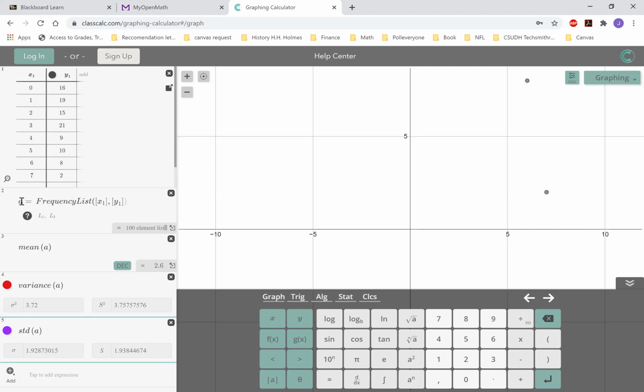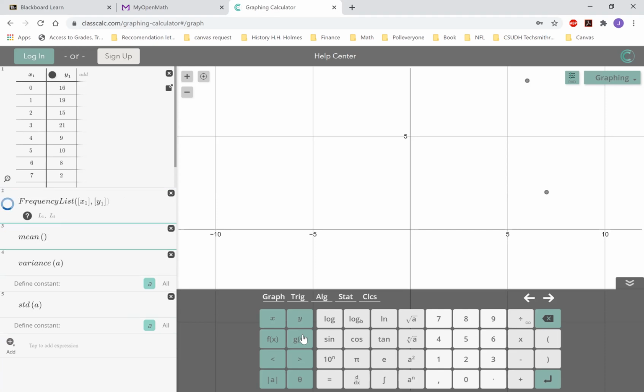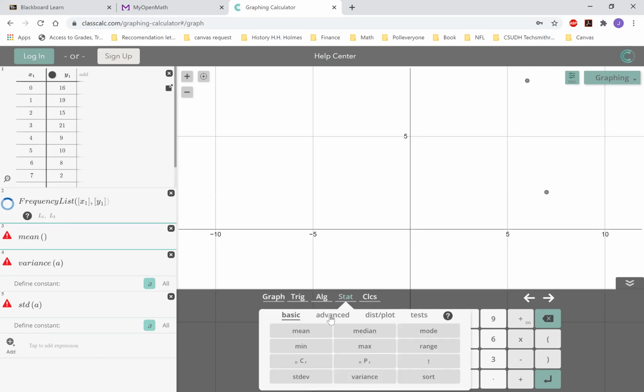You're talking about this A? Yeah, because if I don't put it, then it doesn't know what to put in for the mean. What you have to do is literally put the frequency list for all of them inside of it.